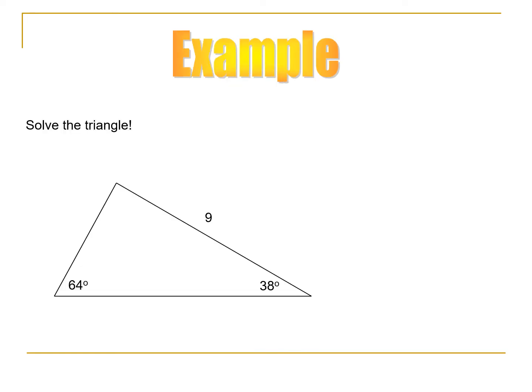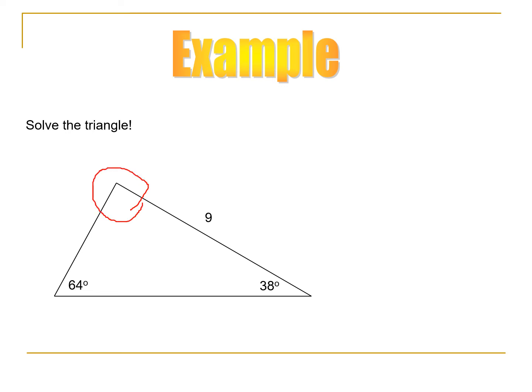Okay, let's go ahead and use the law of sines to solve this triangle. Remember, to solve a triangle, you have to find all the angles and all the sides. We have two angles and one side. Let's first find this missing angle.